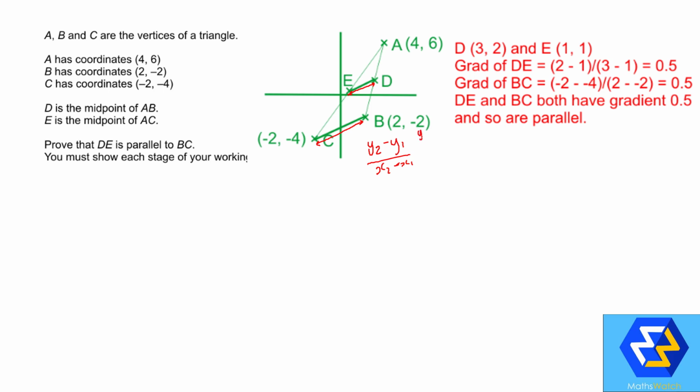So that's y2, that's y1, x2, x1. So y2 is minus 2 minus 4 divided by x2, which is 2 minus 2. Remember that changes to a plus, two negatives next to each other, plus. So that actually becomes 2 over 4, which equals 0.5.